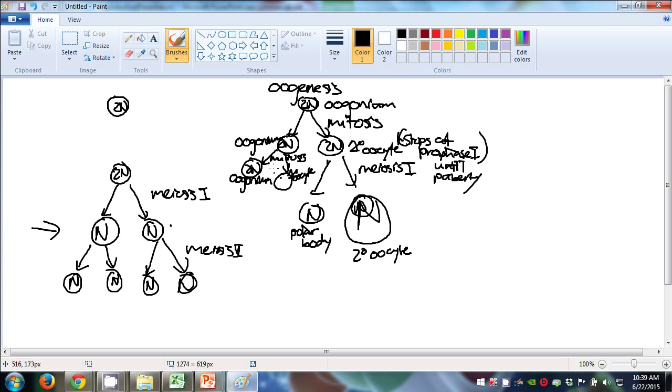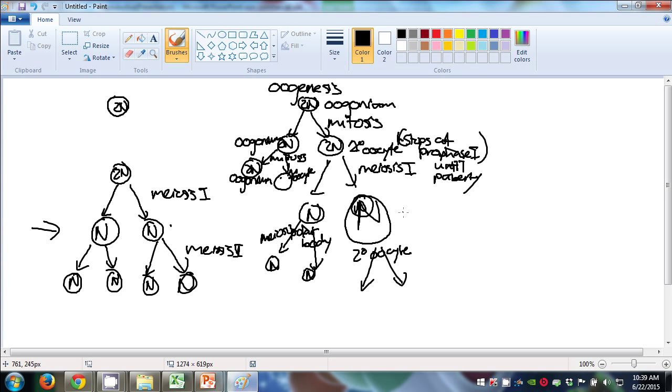This polar body here potentially can undergo meiosis too, but it can also degenerate. But this secondary oocyte will undergo meiosis too, so there will become two other polar bodies here.